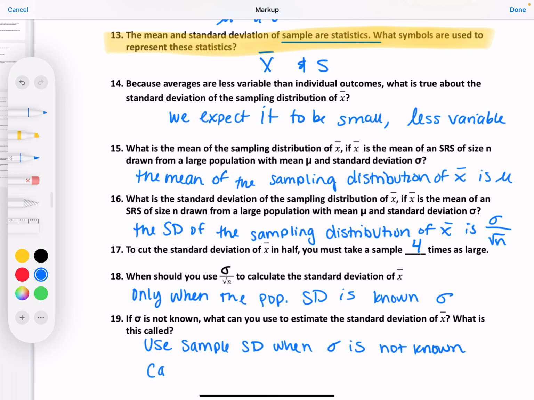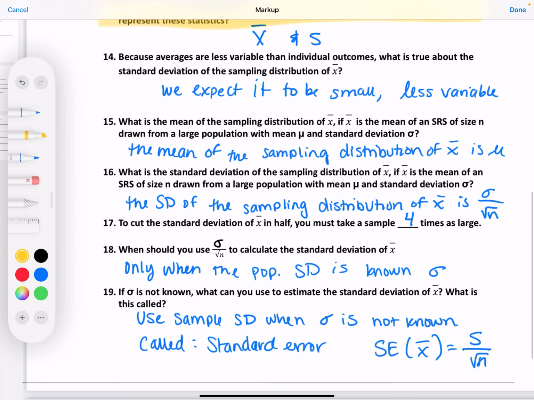It's called standard error. And the formula is standard error of X bar is equal to S over the square root of n. So that's for our sample standard deviation. And you need to highlight 17, 18, and 19.